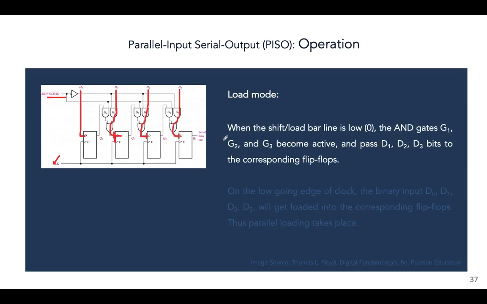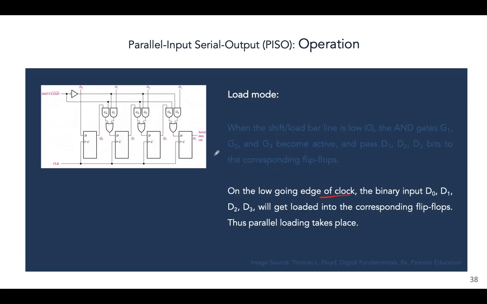So the passage of the bits through this system is controlled by this line, but the actual loading of the bits that were waiting at the entrance point of the flip-flops, they have to move into the registers. So that moving into the flip-flops is controlled by the clock.